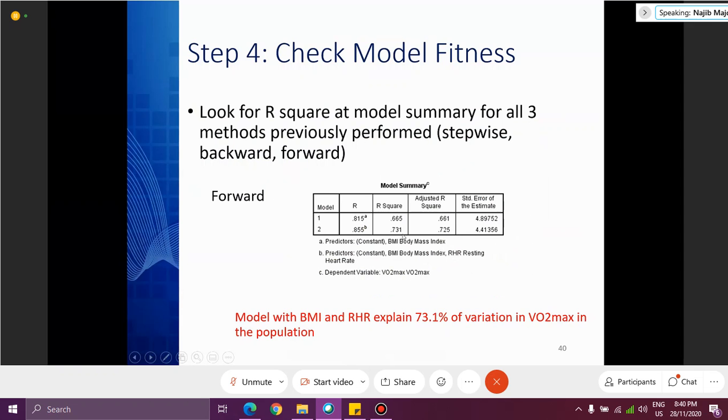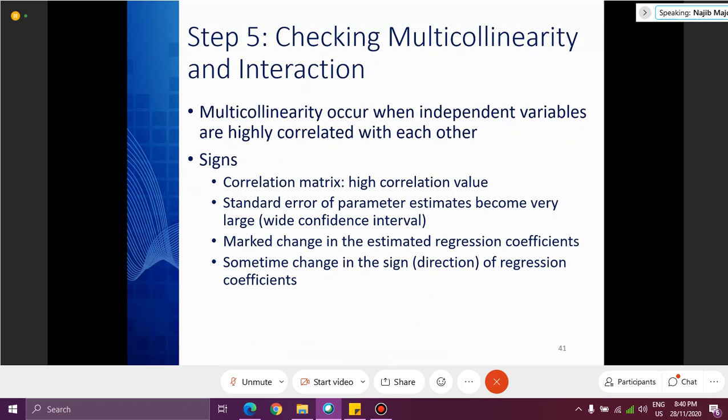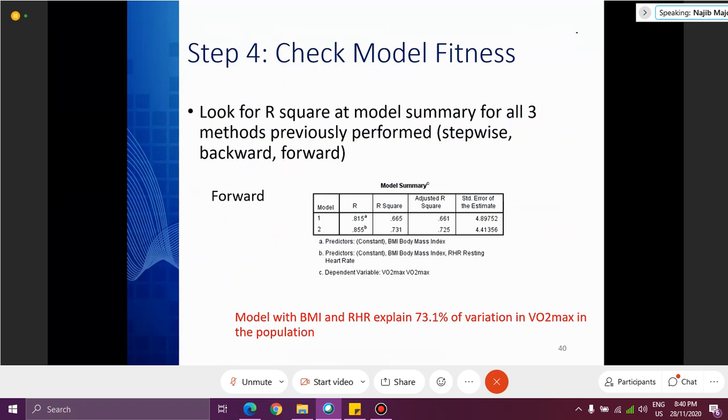Forward also 73.91%. So these three models, regardless of the method, either stepwise, forward, or backward, the model fitness is actually similar. Any question so far regarding checking model fitness? Check and compare model fitness.